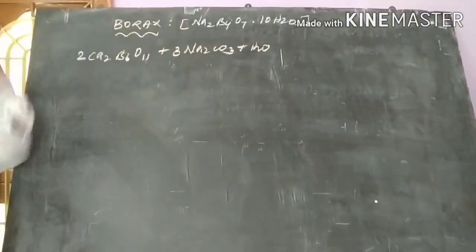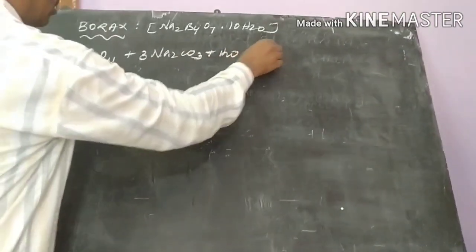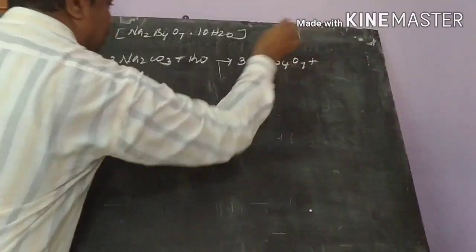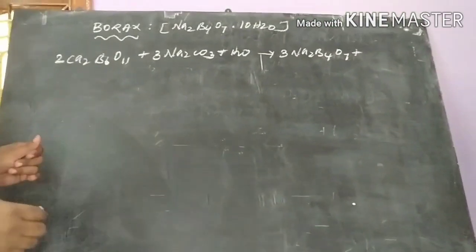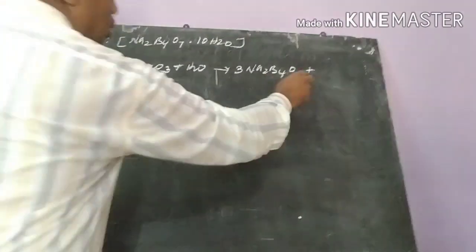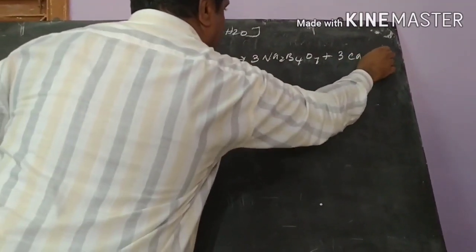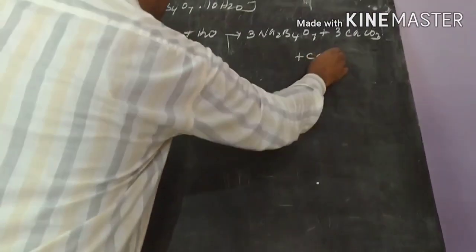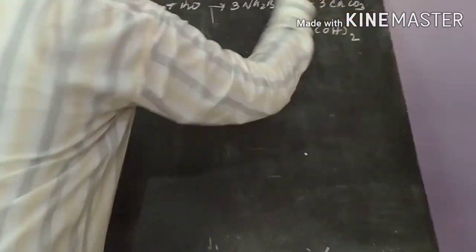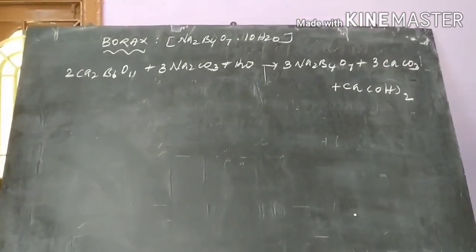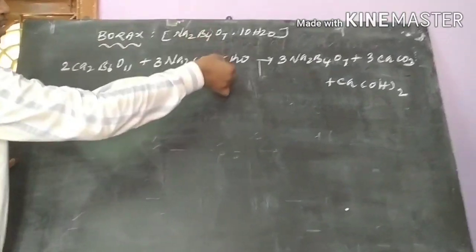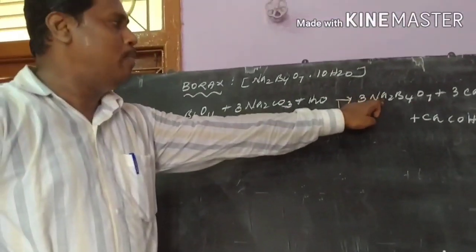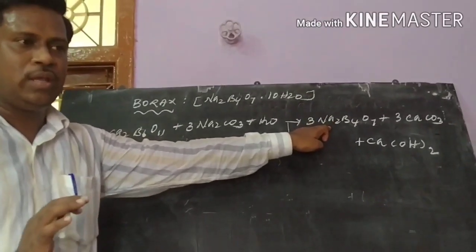Sodium carbonate solution gives 3 moles of Na2B4O7, plus 3 moles of calcium carbonate, 3CaCO3, plus Ca(OH)2, calcium hydroxide. So colemanite reacts with the sodium carbonate solution to give borax, Na2B4O7.